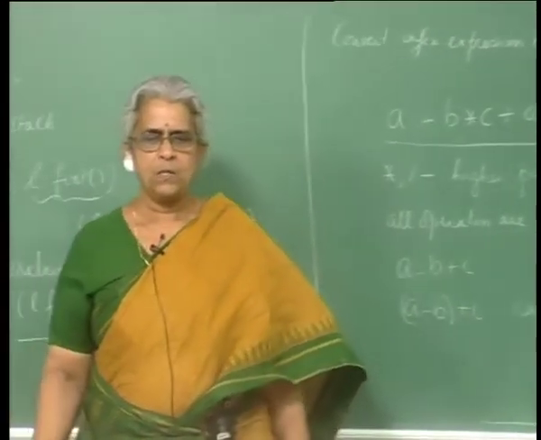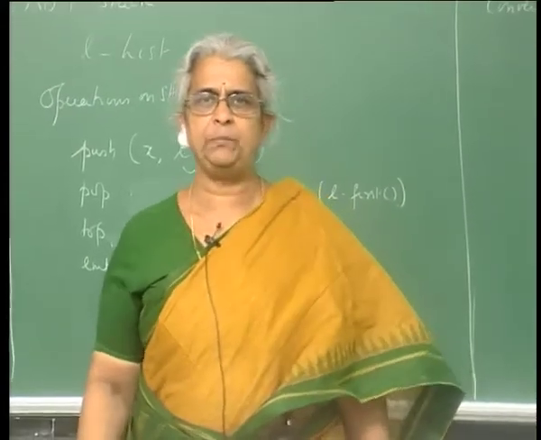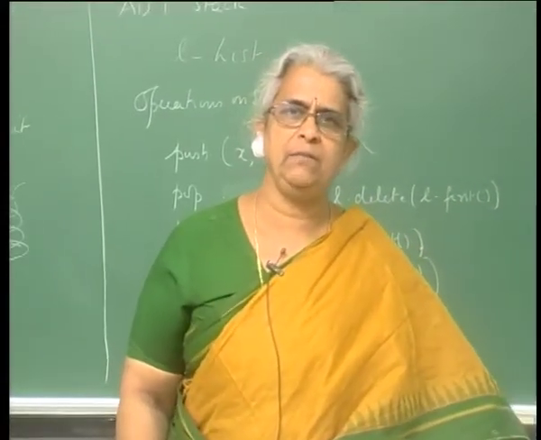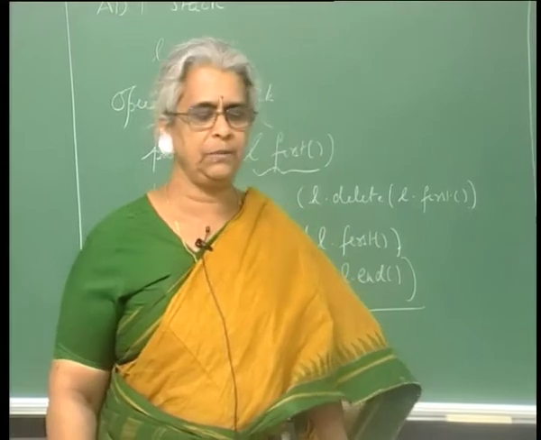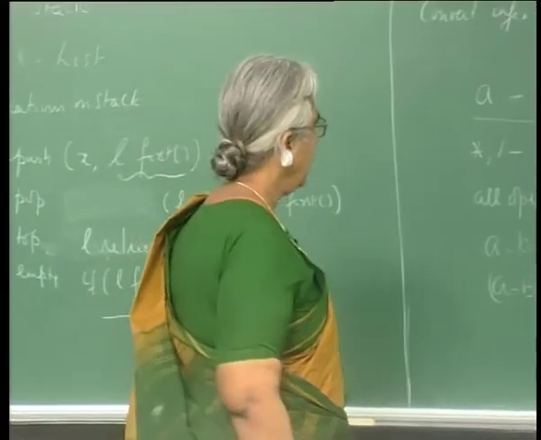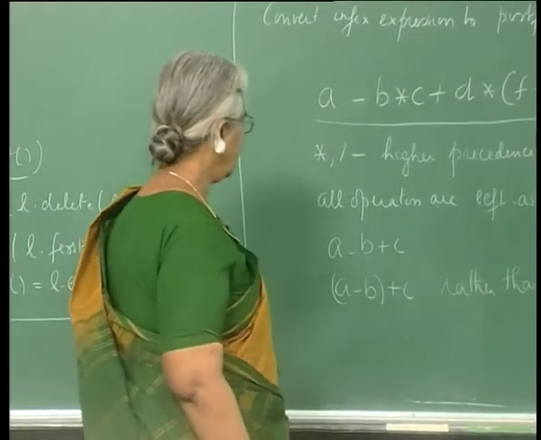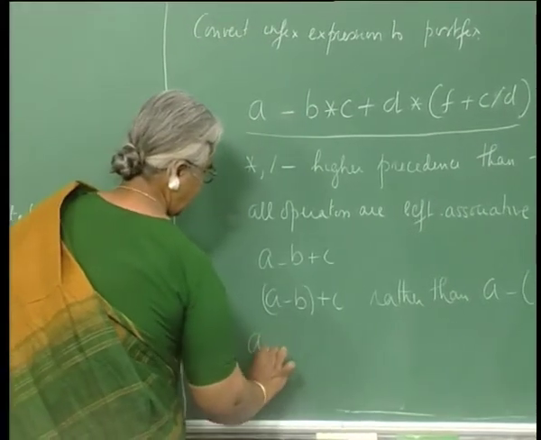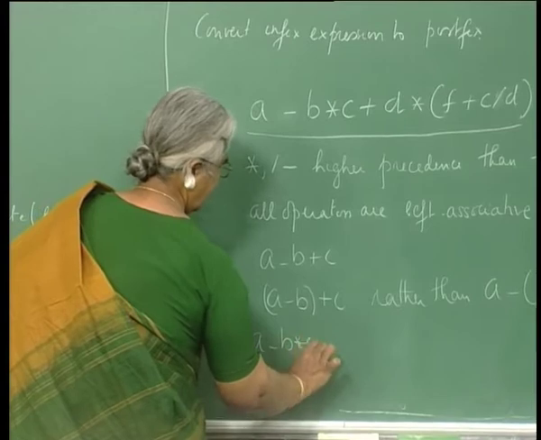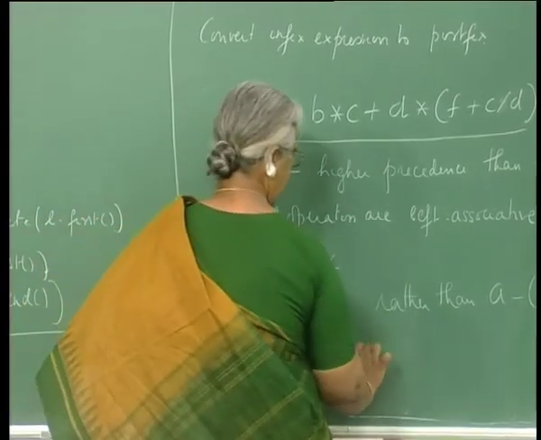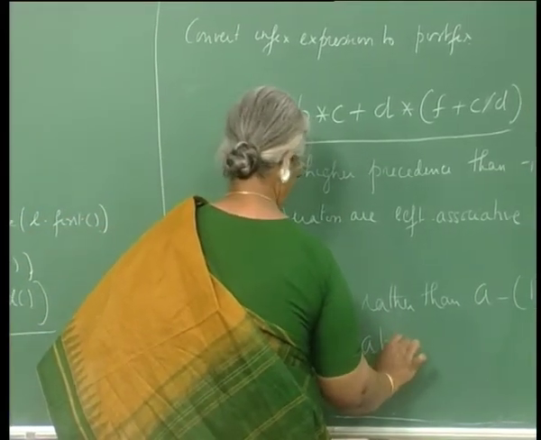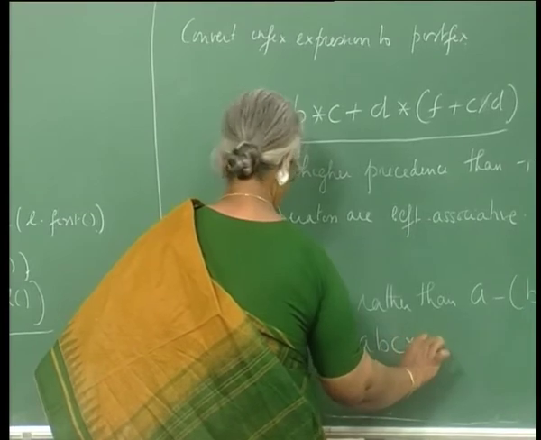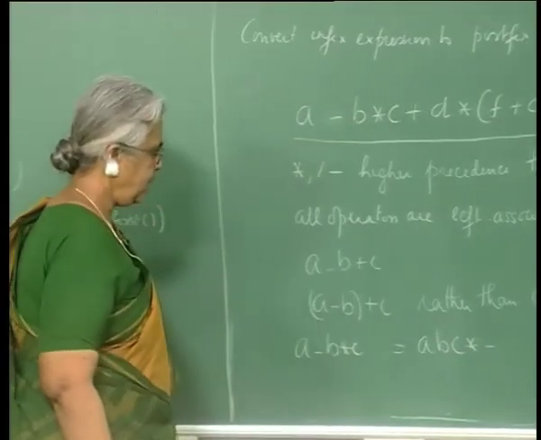Okay? So, what is done is, given a particular expression, the expression is converted to a form called the postfix expression. Okay? So, let us see what this postfix expression is all about. Let me just take only a partial expression, a minus b star c, let us say. This will be written as a b c star minus. What is the meaning of it?